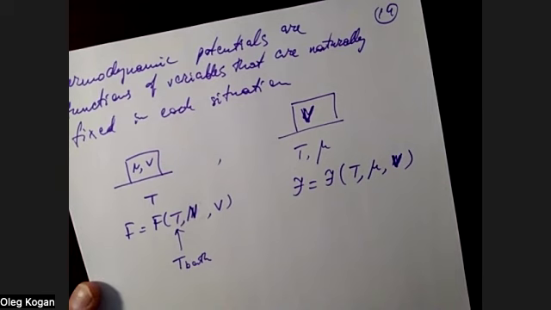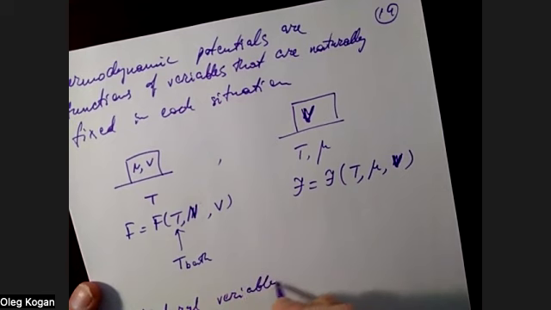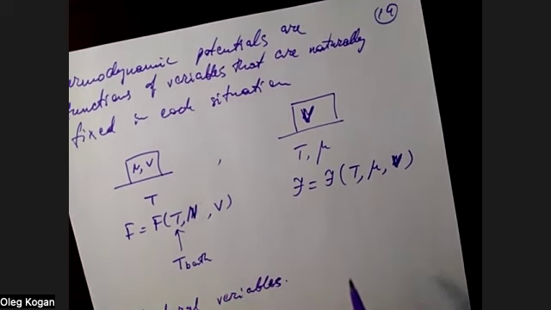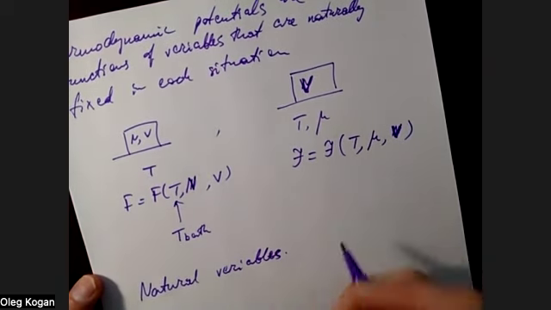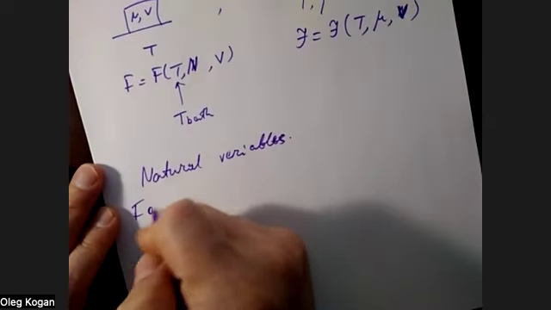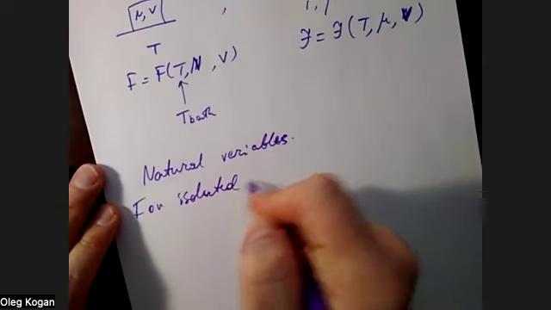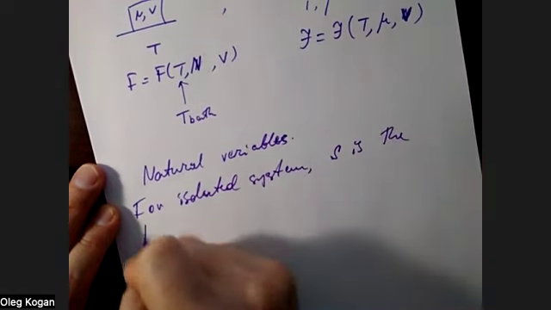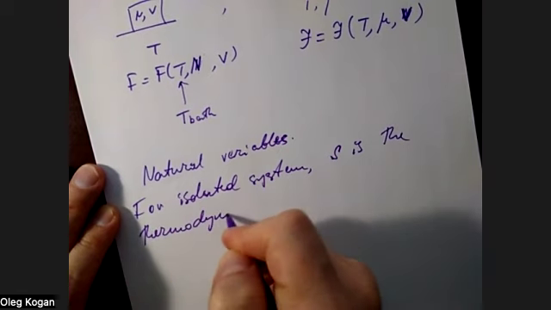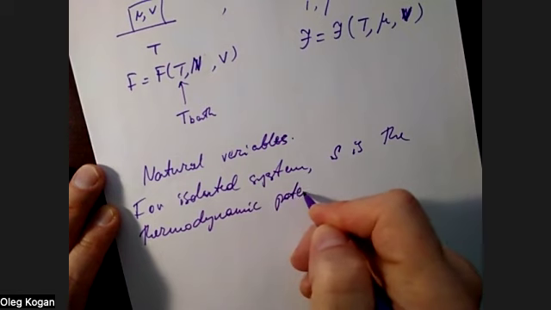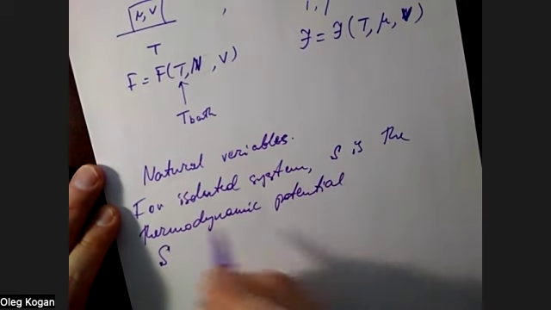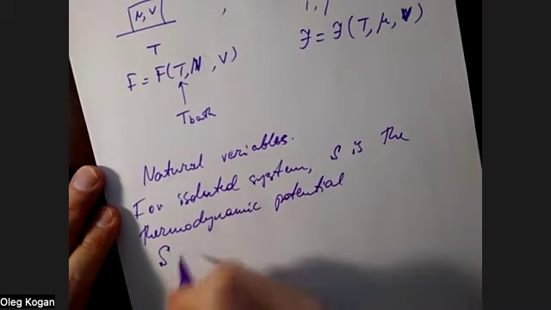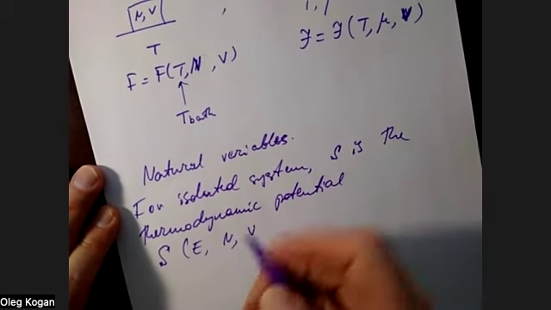Okay, so in each case, you have these natural variables. And these natural variables are fixed. For isolated system, the thermodynamic potential is entropy. I should mention that for isolated system, S is the thermodynamic potential. And in that case, what are the natural variables? What's fixed? Well, the energy is fixed, number of particles is fixed, and volume is fixed.